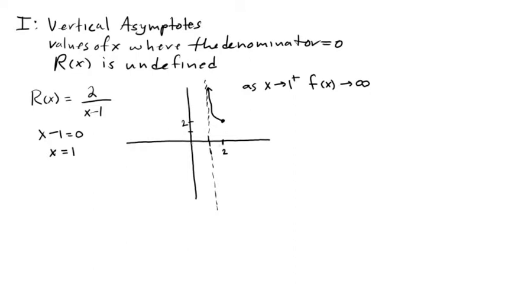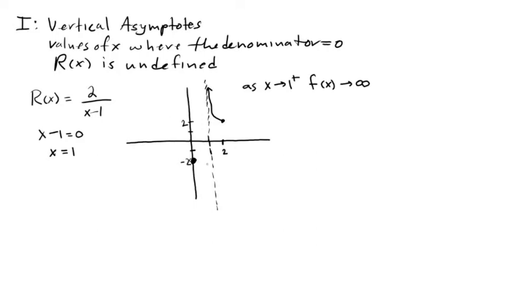Now let's look at the other side. Suppose I take x equals 0 and I plug it into this function, I get 2 over negative 1, so I get negative 2. And so there's negative 2, which means that's a point on the function. Now again, if I look at what happens, just take out your calculator and do a table.